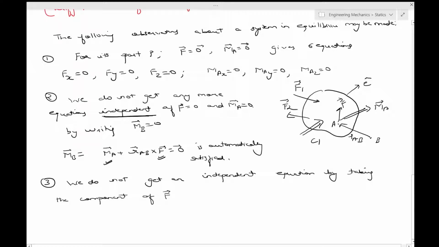We do not get any book. We're taking it along another direction, E. Okay, so for example, F_E will be equal to F dot E. You can see this direction E over here, so I should put it like a hat.